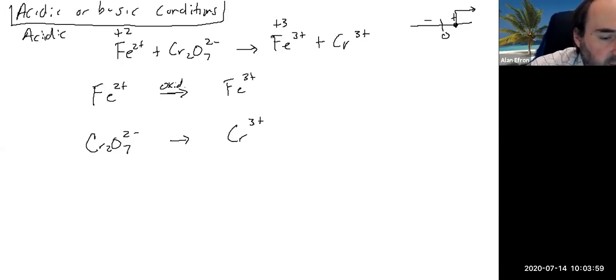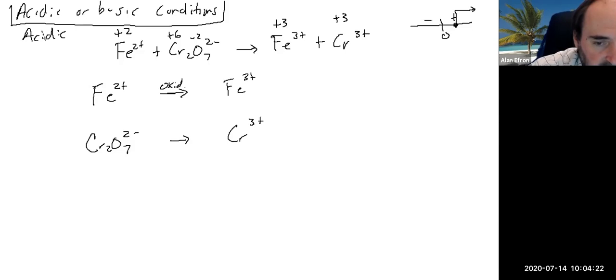We could also look at the chromium here. The oxidation state of oxygen is -2. There's 7 of them, so that's -14. The overall charge is -2, and there's 2 chromiums. So just like we did, I actually think we had this in an example, the oxidation state of the chromium there is going to be +6. The oxidation state of this chromium is +3.